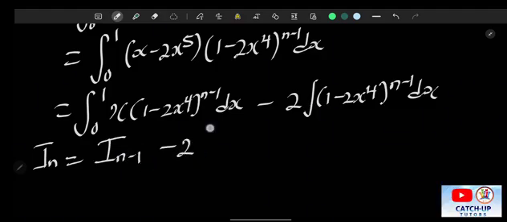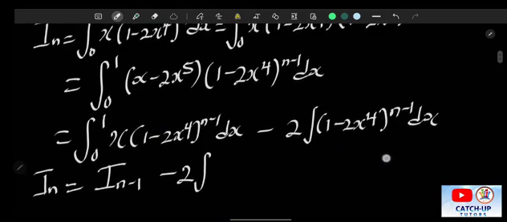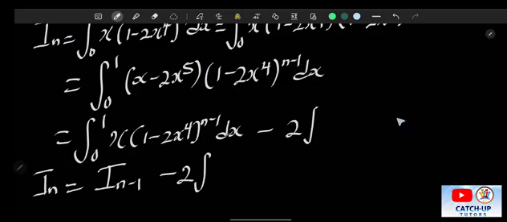Then minus 2 times the integral. The next thing is to find a way to integrate or simplify that. I forgot the 2x^5 again, sorry about that. So x^5 should be here, then (1 minus 2x^4)^(n-1) dx.